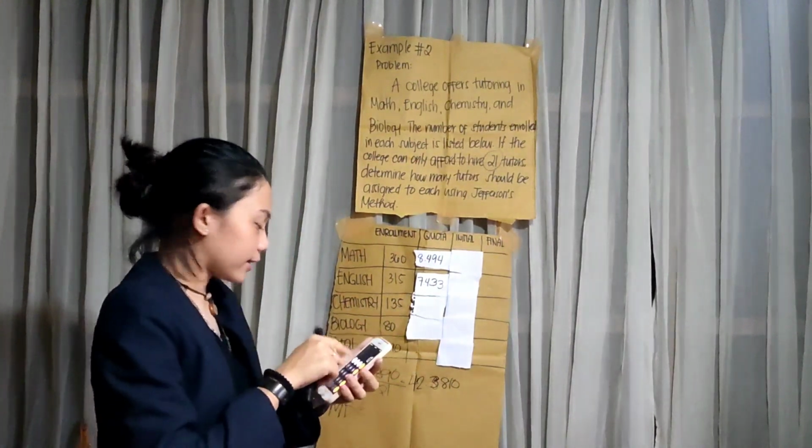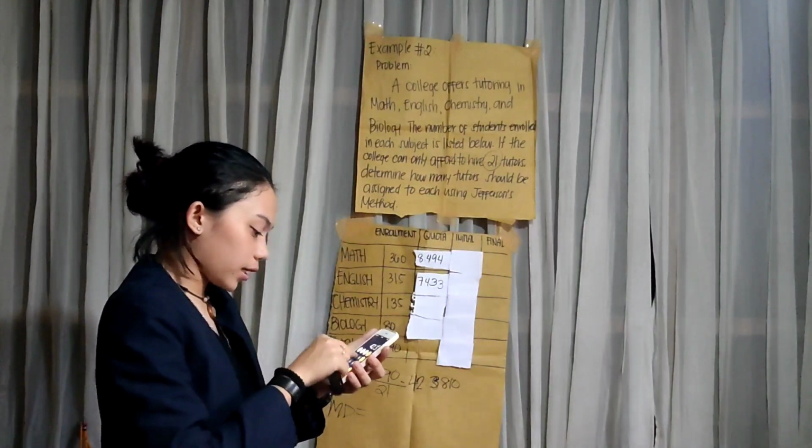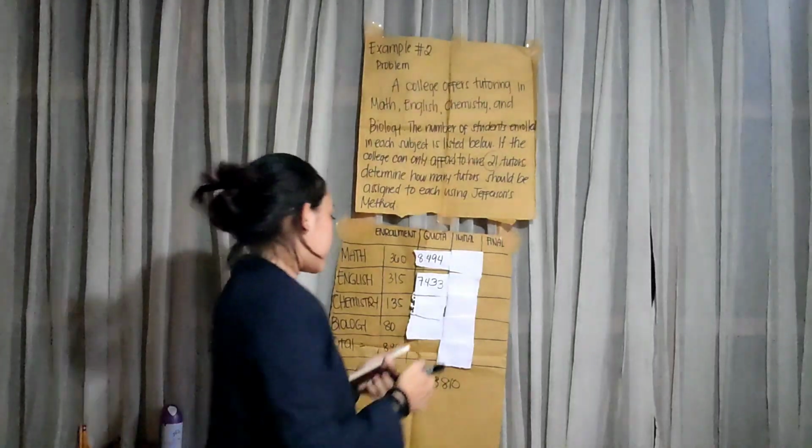So let's try in chemistry. 135 divided by 42.3810 is equal to 3.185.